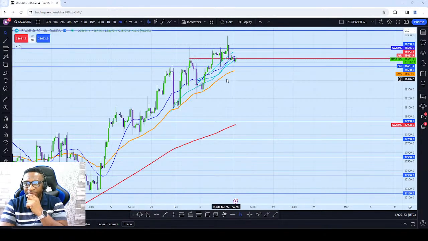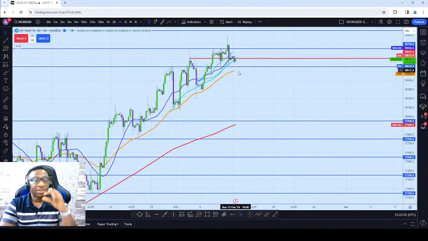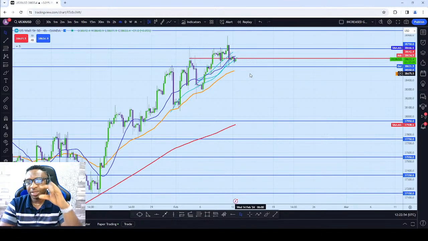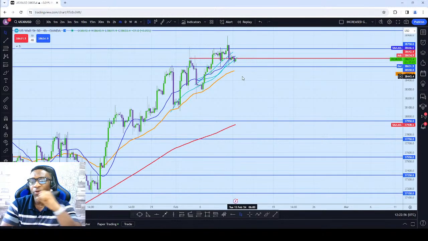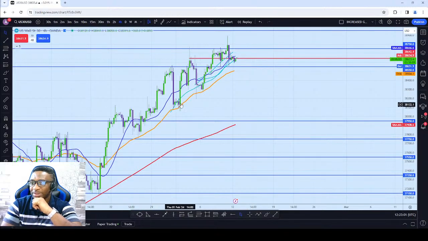If price does not do what you are expecting and goes the opposite direction, it takes you out of the trade with that risk that you first of all accepted, before you entered the trade. When you do it this way, you'll be in this game for a long time.